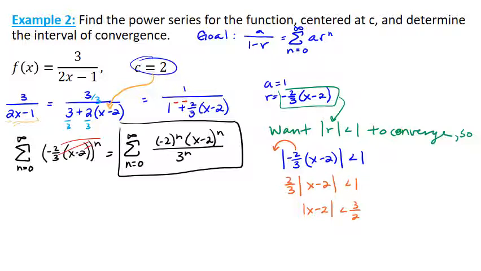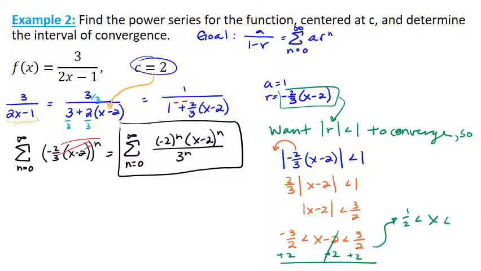Now I can drop the absolute value and sandwich this in between a positive and negative 3/2. And then I can add 2 everywhere. So I end up with 1/2 is less than x is less than 7/2.